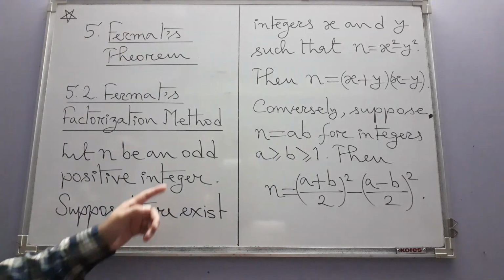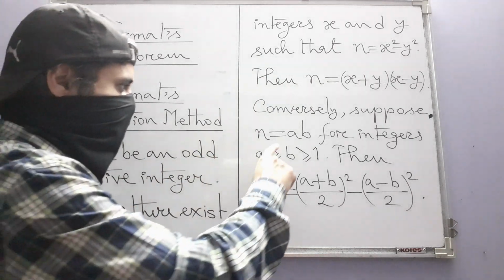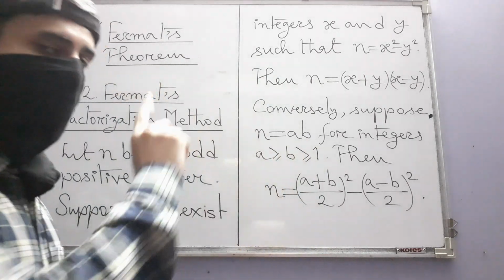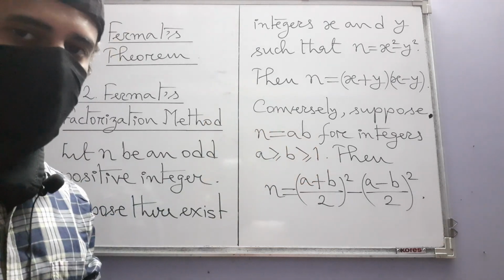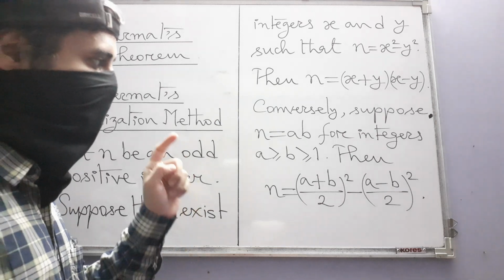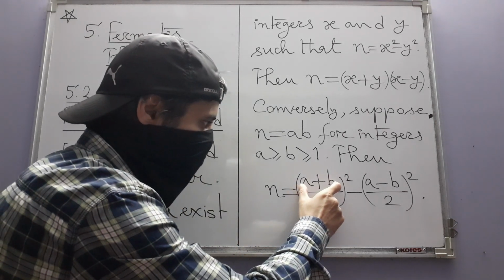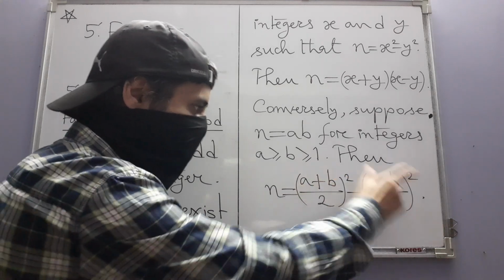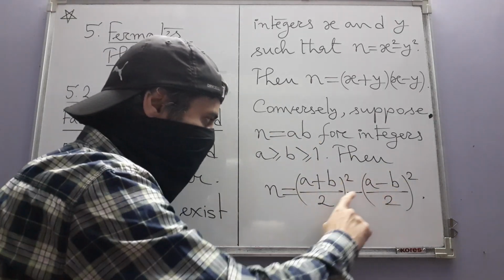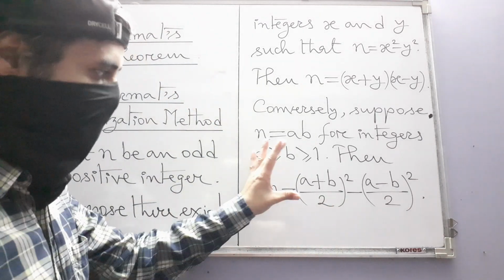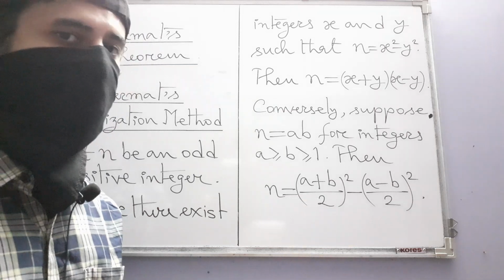Now you will note that since n is odd, so A and B both must be odd, because if any one of them is even, then n also has to be even. And this oddness of A and B tells us that A plus B is even and A minus B is also even. And that is why when we divide these integers by 2, the quotient actually is not a fraction, it's again an integer.